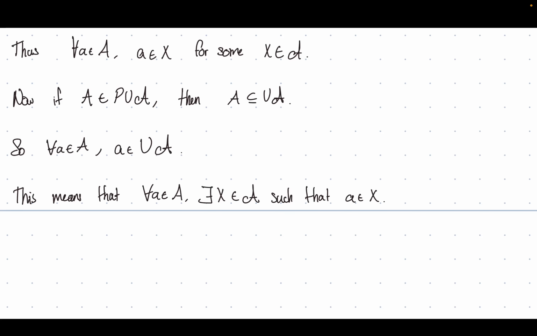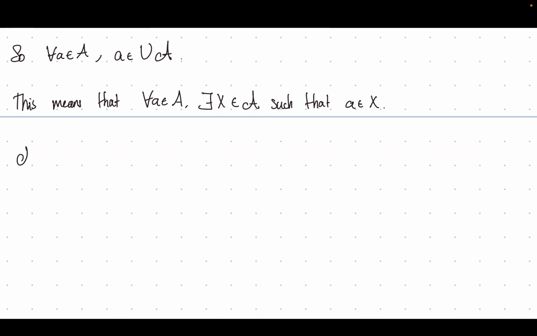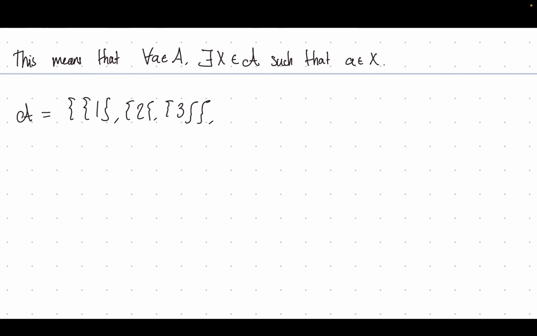Now, if you have a set where you have something like this, let's say that script A is going to be the set 1, 2, and 3, right? And let's say that big A is just equal to 1, 2, and 3. Why not?